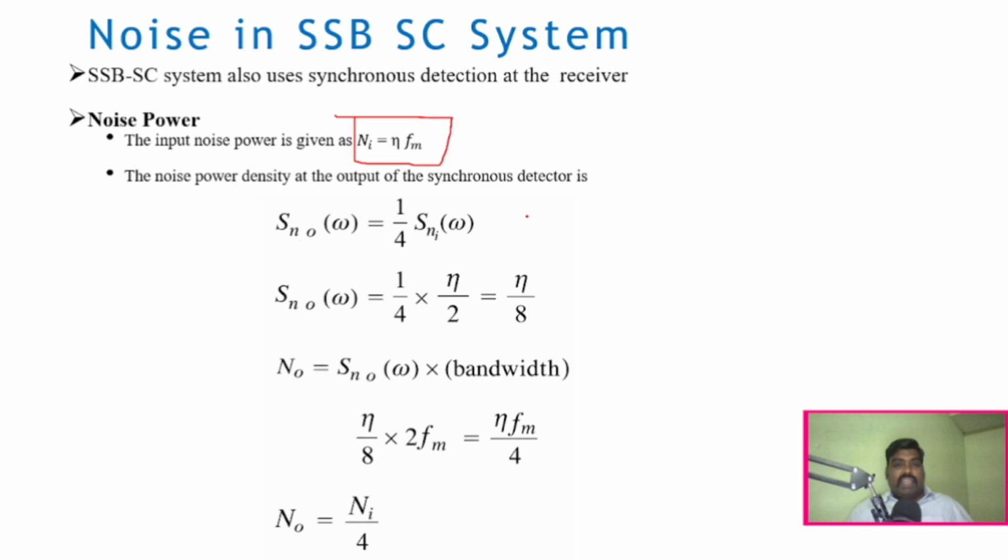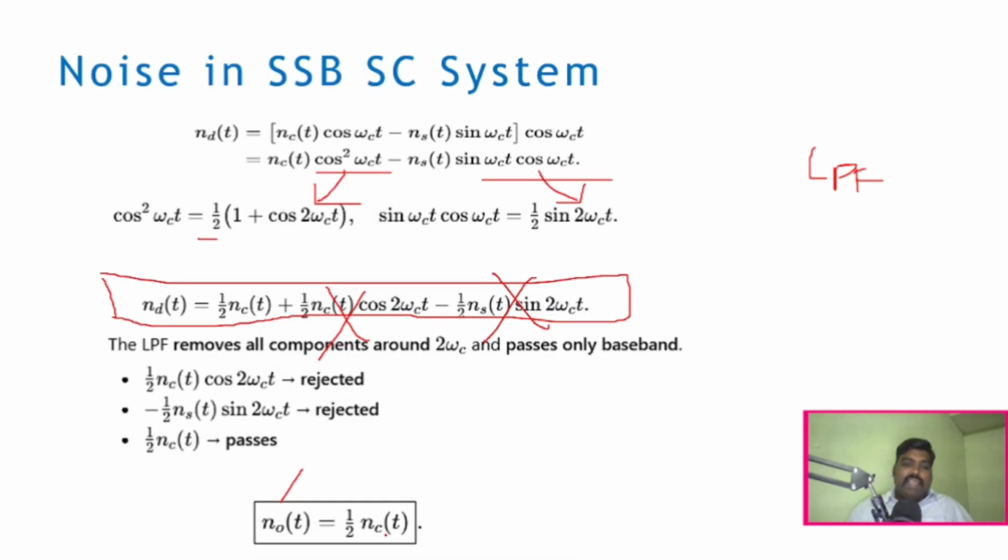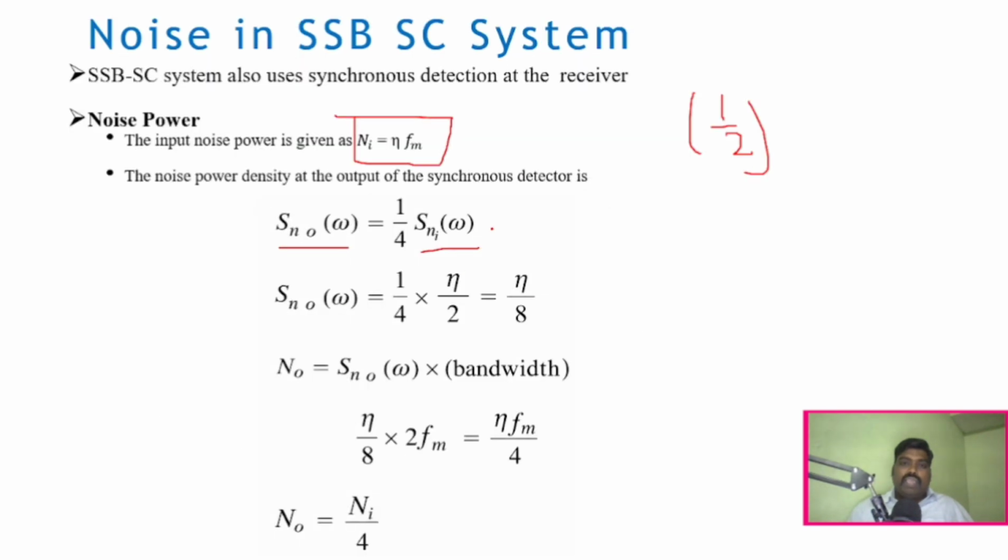The power spectral density at the output of the synchronous detector is obtained as: output noise power spectral density is equal to 1 by 4 of the input power spectral density, which is the average mean square value. The output noise power is half of the input noise power, so the power spectral density becomes 1 by 4 of the input noise power density.